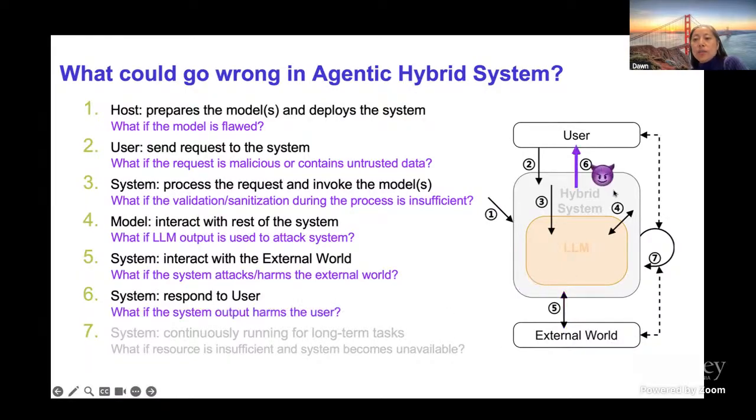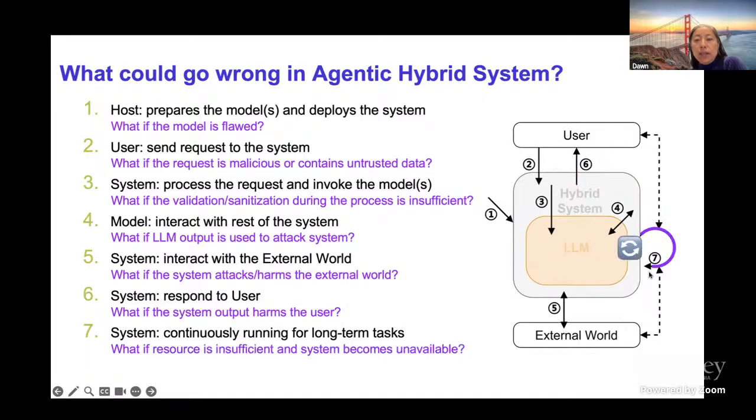And then also similarly, as the system responds to the user, the system output could also harm the user in various different ways, either producing toxic outputs to the user or even taking other actions that could harm the user.